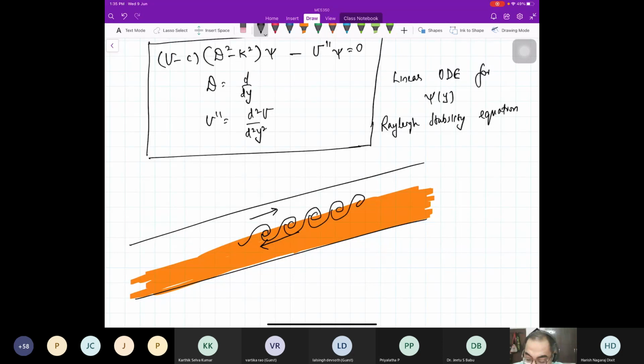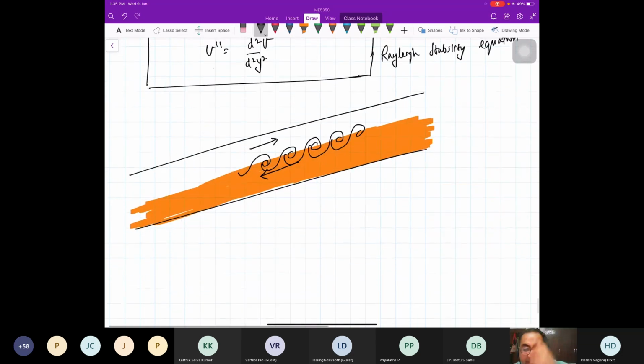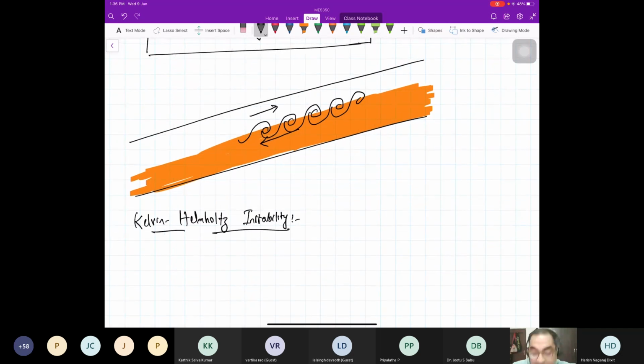So then you have this instability. Now, if I were to understand this instability, I will construct a very, very simple model of it. The very simple model of this instability is what is called the Kelvin Helmholtz instability. The idea is, locally, if I take a small region anywhere in the middle between the two fluids, how does it look?